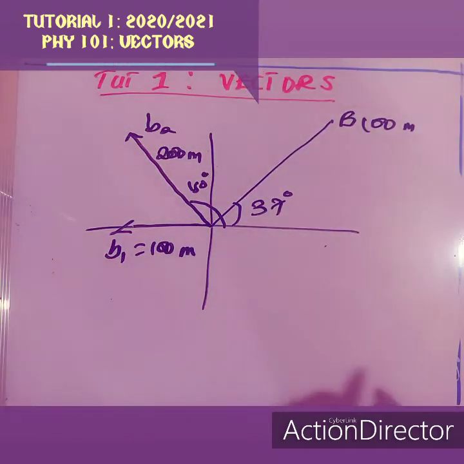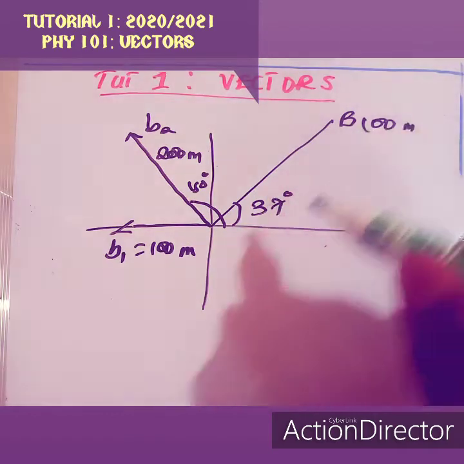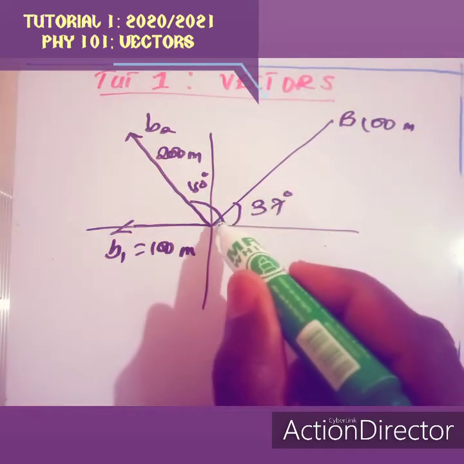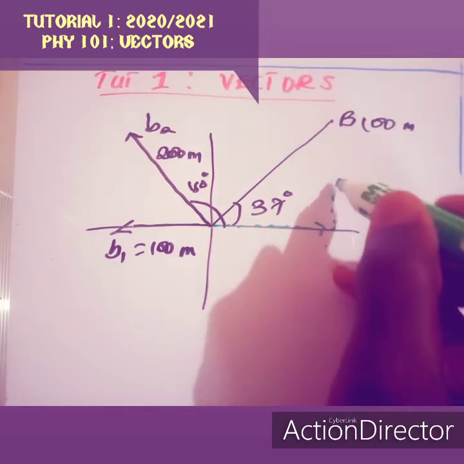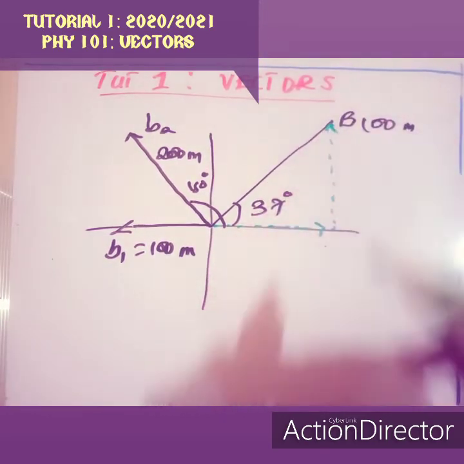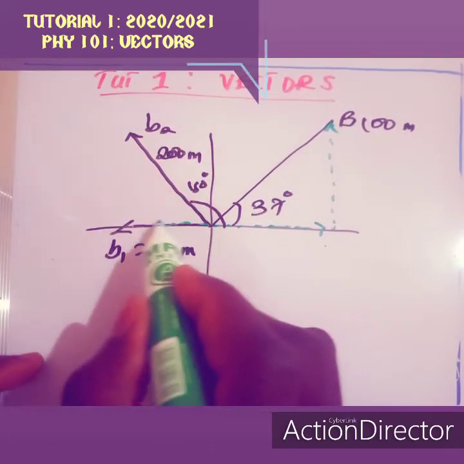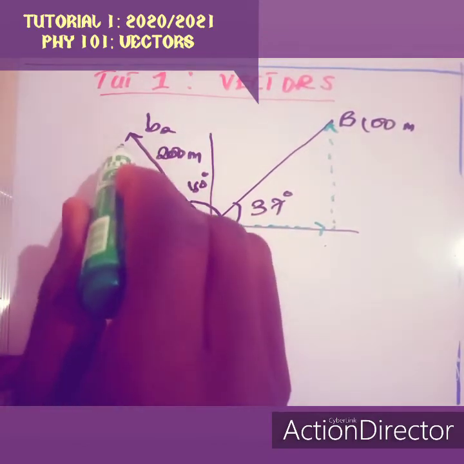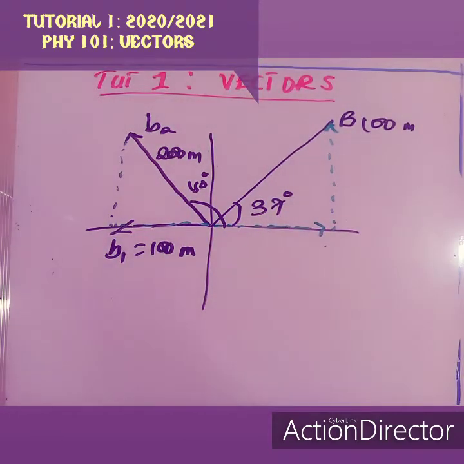Once we have that, what are we going to do? We're going to dissolve these into components. You agree with me that B3 has an X component here, and also a Y component there. Same as B2, it also has an X component and a Y component, because it is a resultant of the X and Y movement vectors.